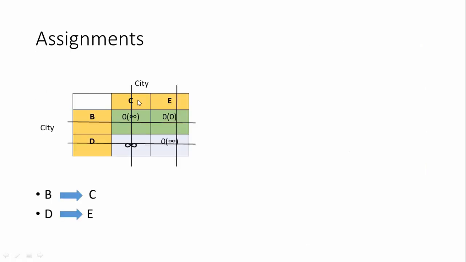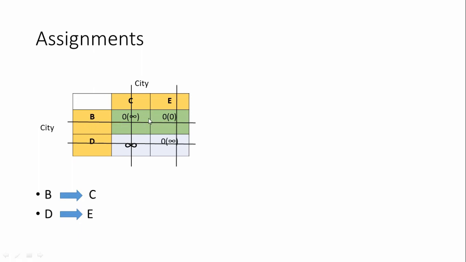So in the next iteration, we will have cities B, D and C, E. Again, we calculate the penalties for all the zeros. The penalty is nothing but the row minimum plus the column minimum. So for this 0, we will have the column minimum as infinity, the row minimum as 0. Therefore, the penalty will be infinity. So for this 0 also we will have infinity, and for this 0 we will have 0.